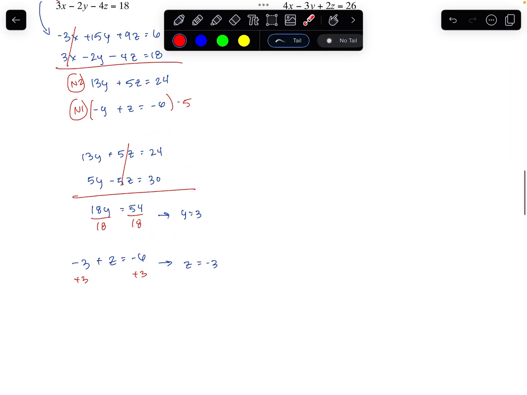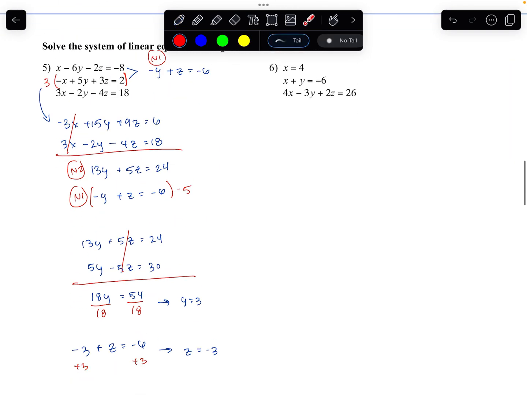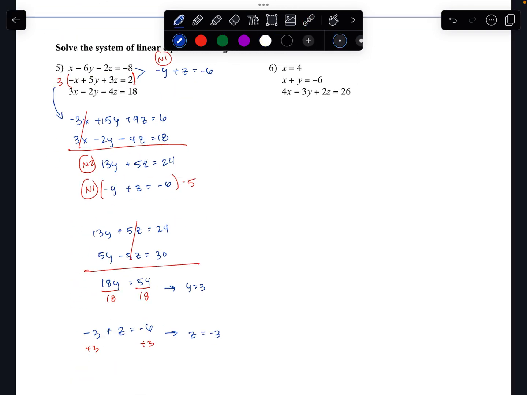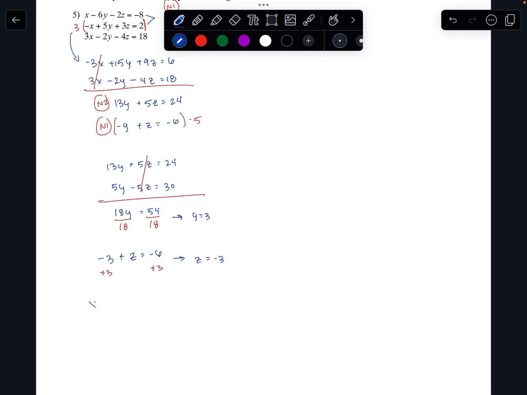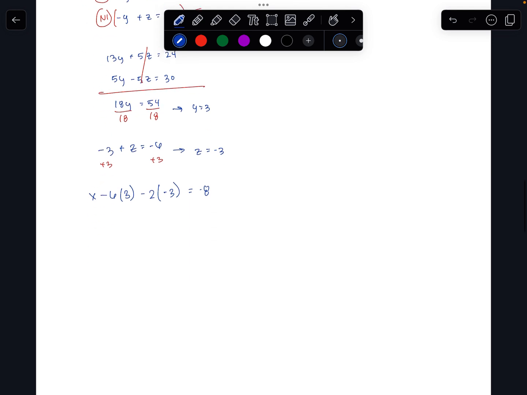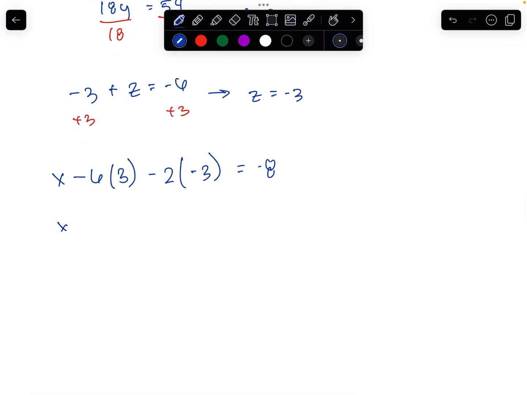And then I'm going to plug those values into, I'm probably going to use the top equation. So I have x minus 6, y was 3, minus 2, z is negative 3, equal to negative 8. So I have x minus 18 plus 6 equal to negative 8.